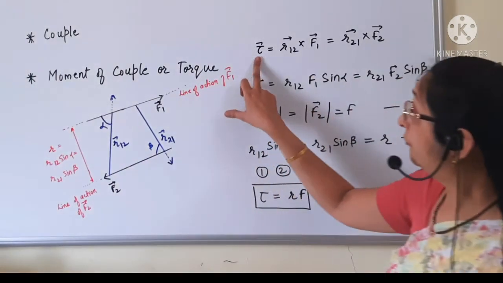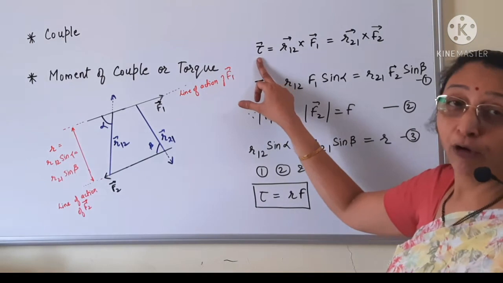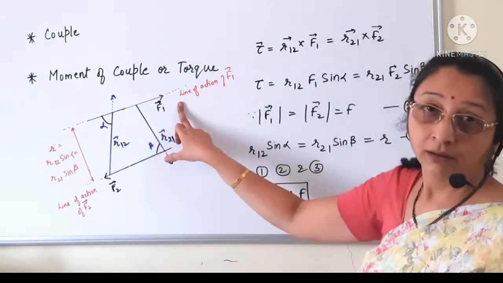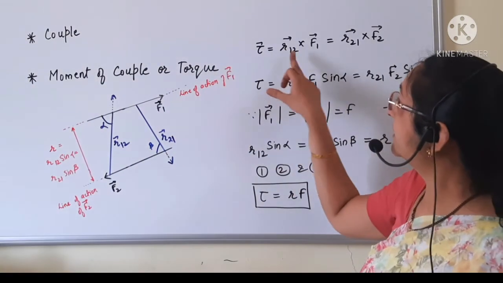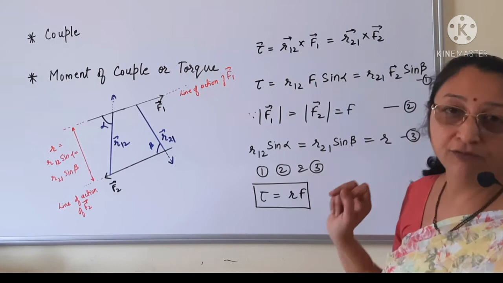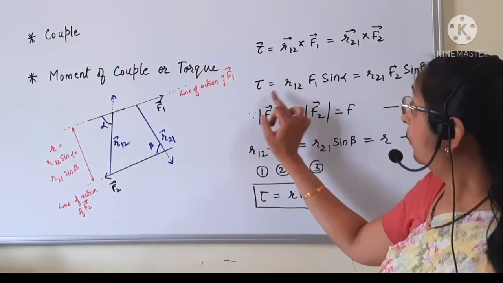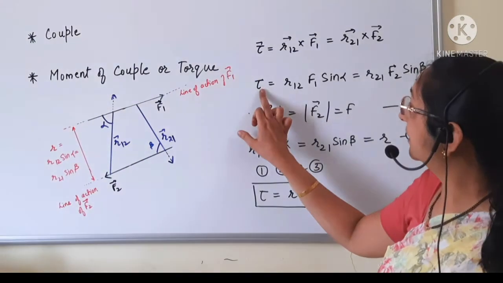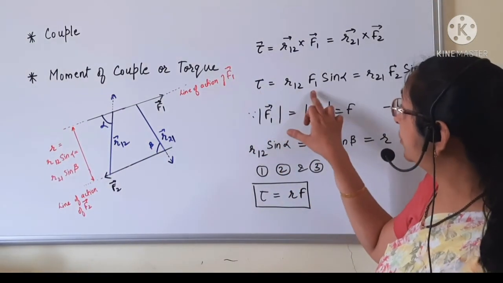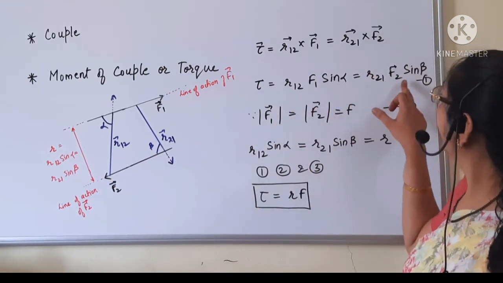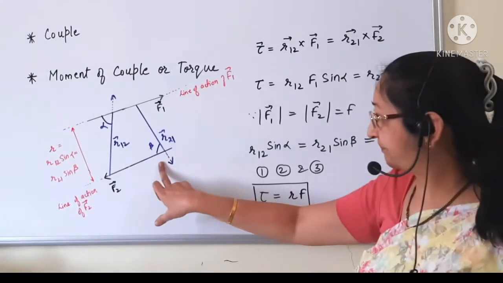Now, according to the formula, tau, the torque or the moment of couple, is r12 cross F1 or r21 cross F2. If we take the magnitude only, then tau is r12 into F1 into sine of alpha, and r21 into F2 into sine of beta.